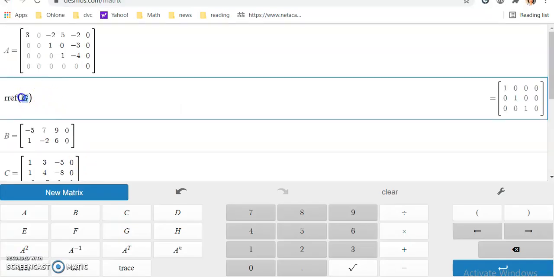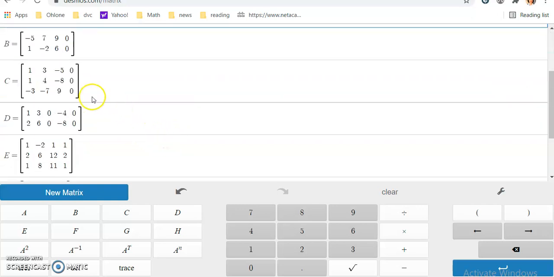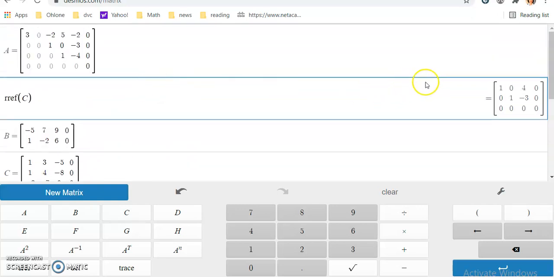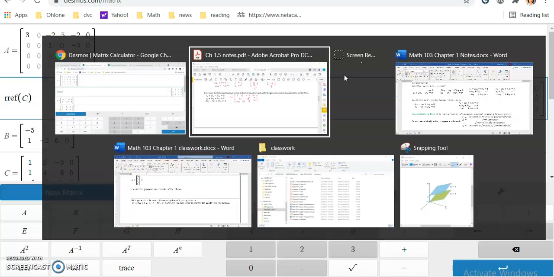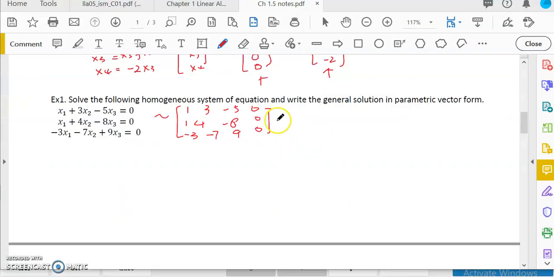So I'm going to do a reduced echelon of C. What does it look like? It's 1, 0, 4, 0, 0, 1, negative 3, 0, 0, 0, 0, 0. So it has some free column.